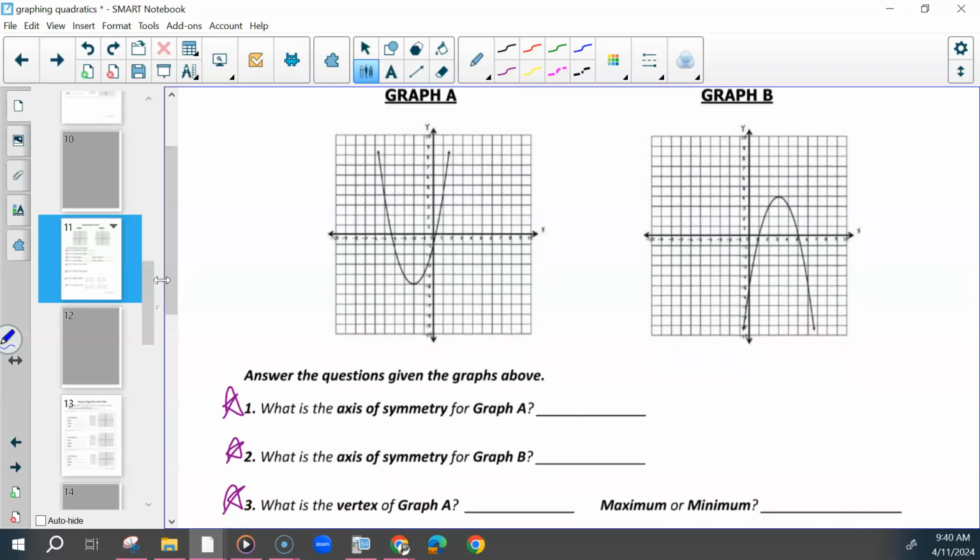For graph A, what is the axis of symmetry? What is the line that splits that in half? Look at your graph, find where it would evenly be split in half.